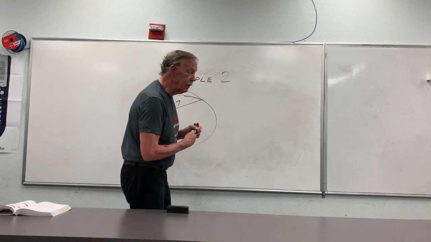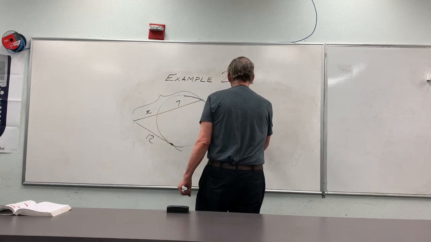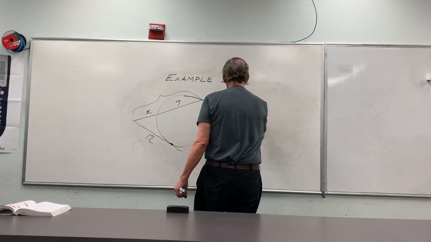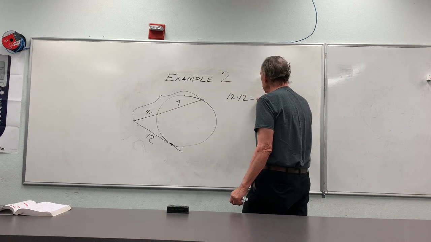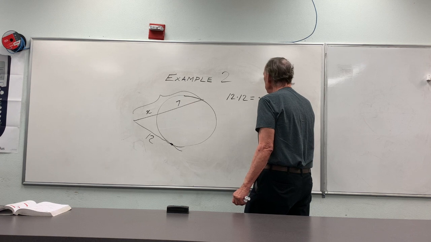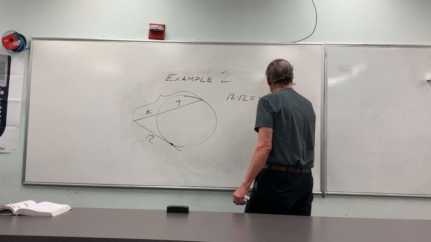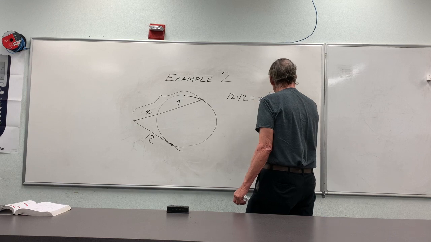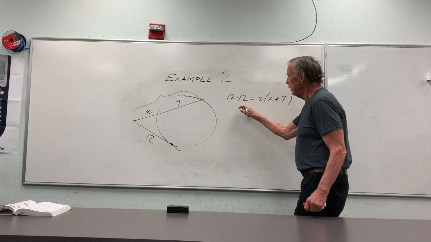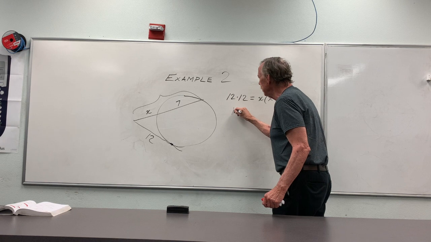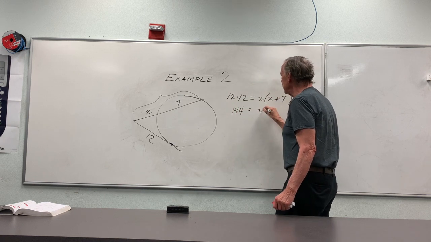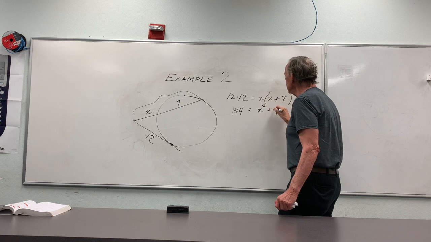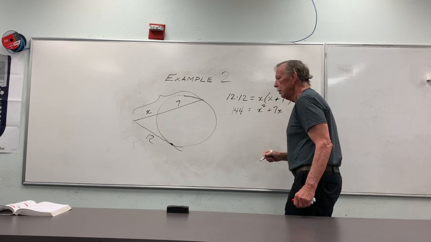Using our basic formula, we find 12 times 12 is x times x plus 7. That's 144, and that's x squared plus 7x.